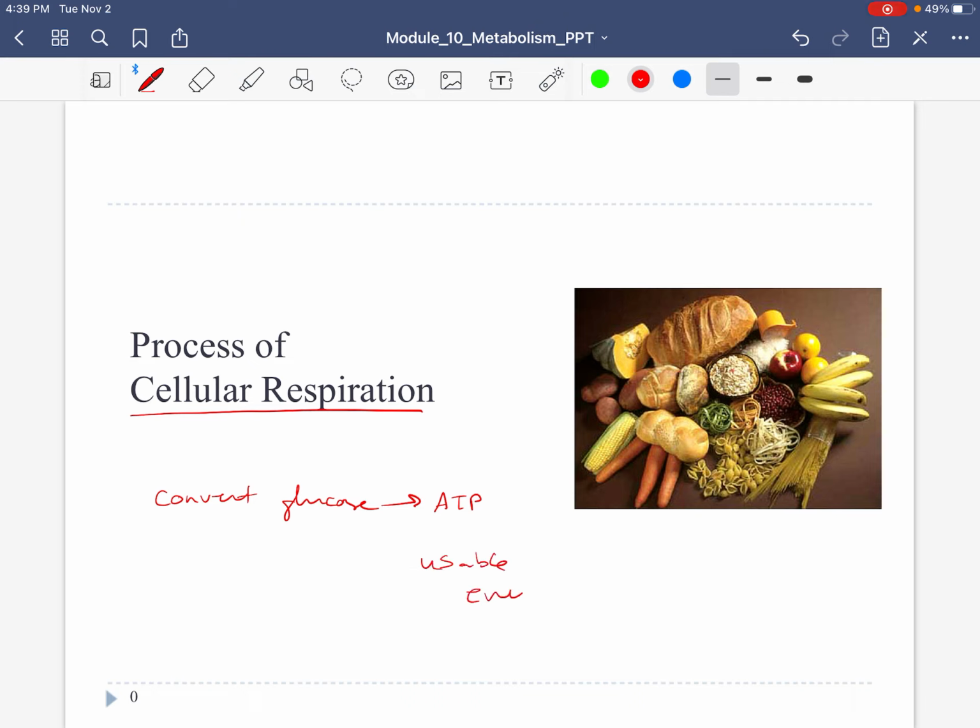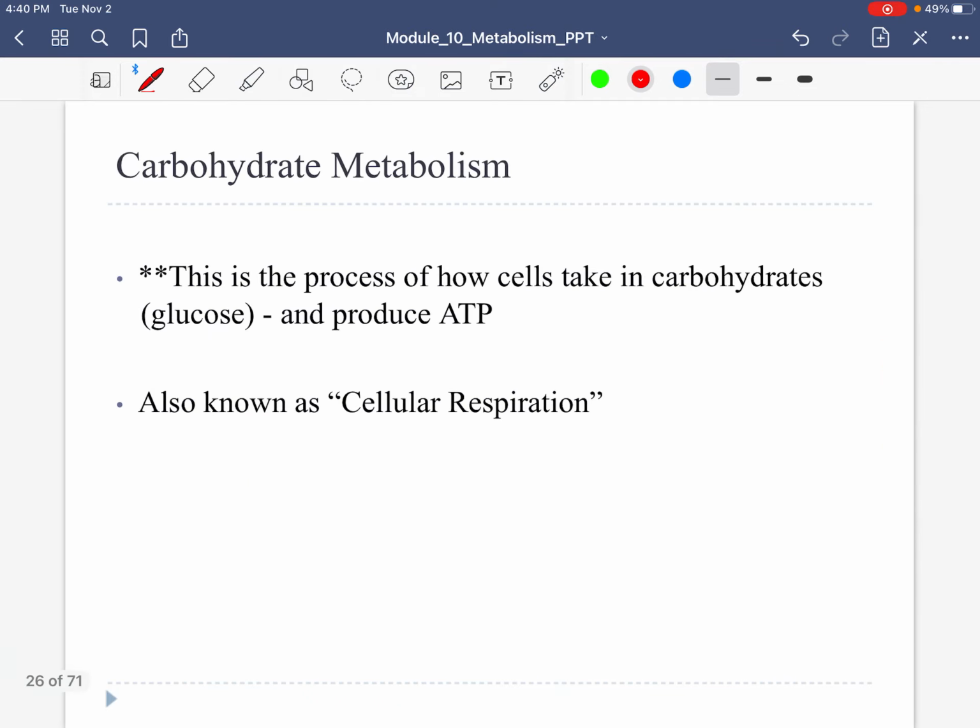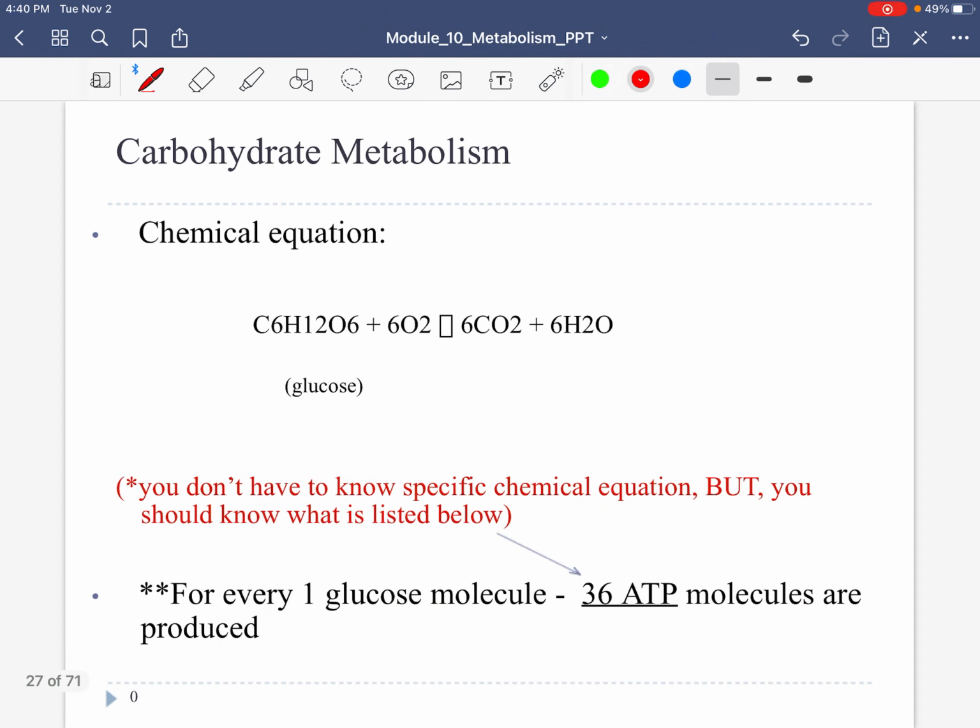And the important thing about ATP is that it is our usable energy source. We love glucose and everything, but it's not in a usable form. So always, always, always, we have to convert that glucose into ATP. And the series of chemical reactions that convert glucose into ATP is called cellular respiration.